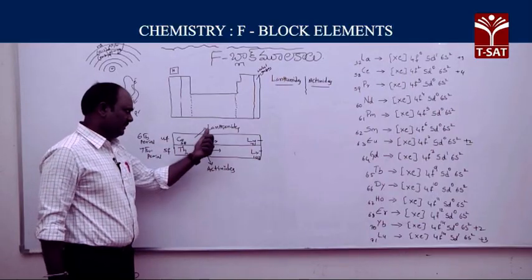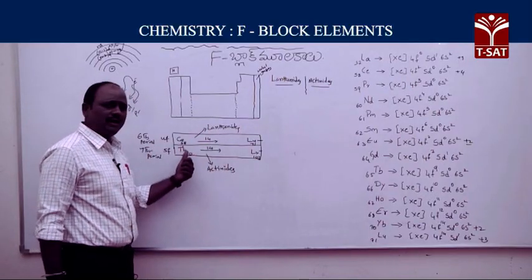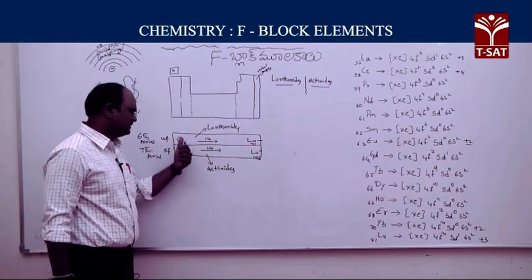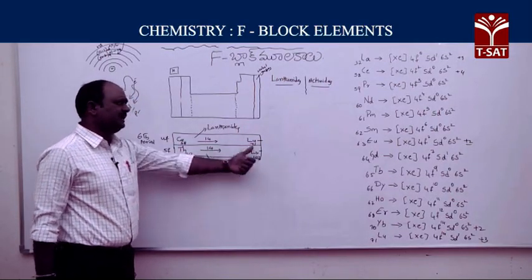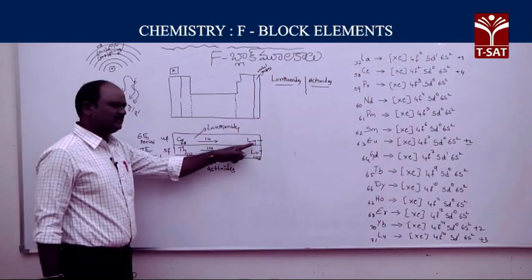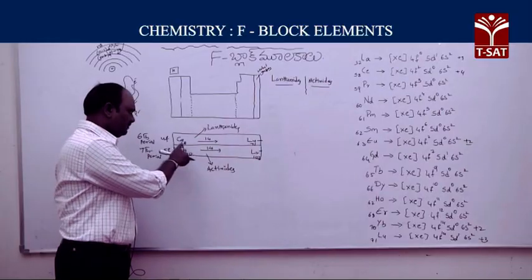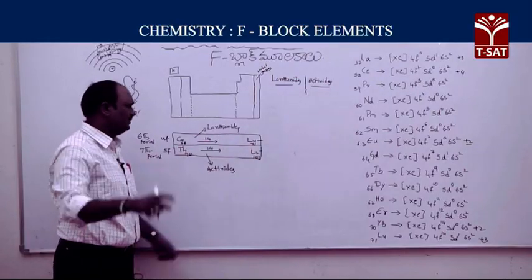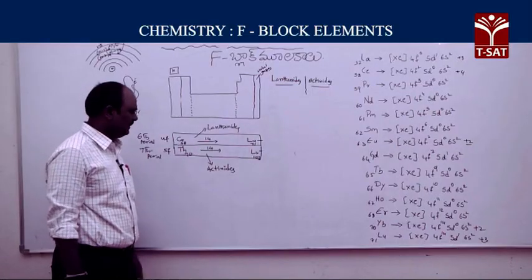Generally, lanthanides start from atomic number 58, that is cerium, to atomic number 71, that is lutetium. From cerium to lutetium, there are 14 metals. Those elements are called lanthanides.